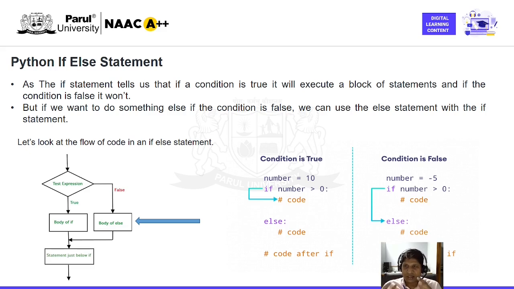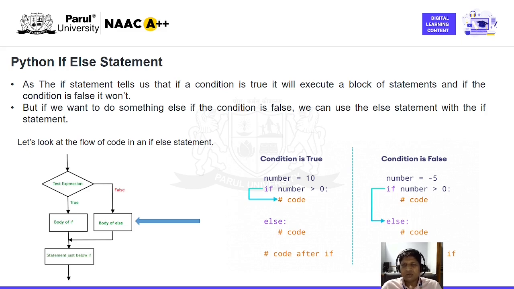It means in the if else statement, there is proper treatment of both outputs. If the condition generates true output, a well defined block is there to execute. And if it generates false output, there is also a well defined block of statements to execute.